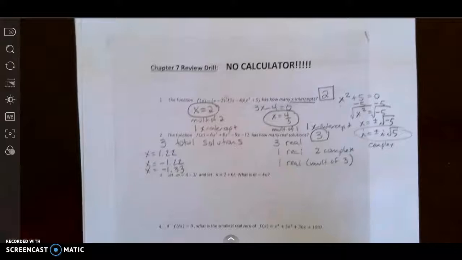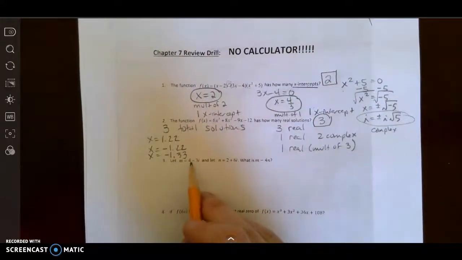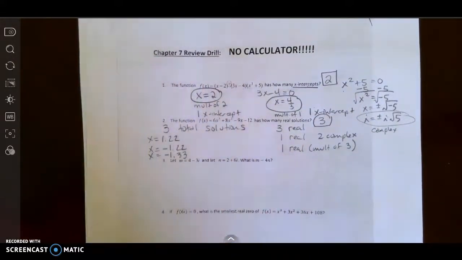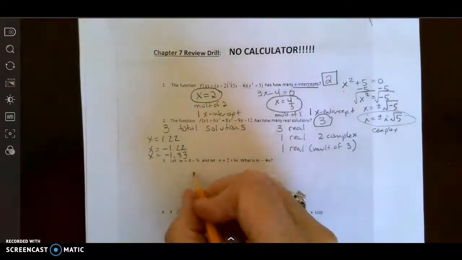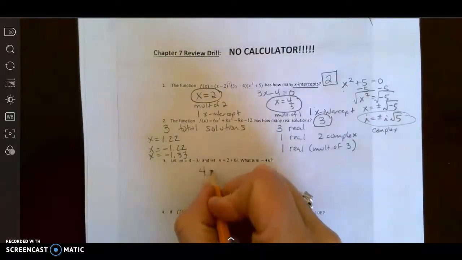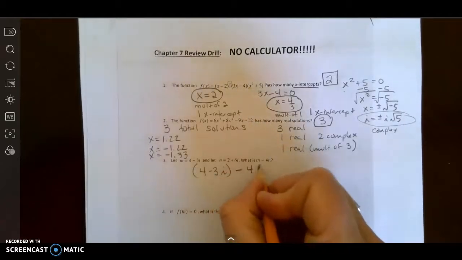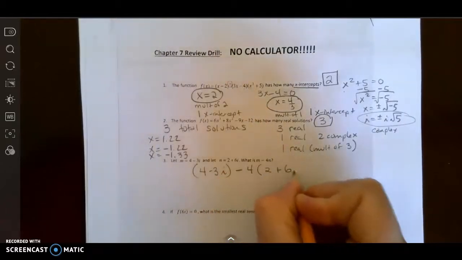Number 3 asks me, let m equal 4 minus 3i and let n equal 2 plus 6i. What is m minus 4n? So that's going to be 4 minus 3i minus 4 times 2 plus 6i.